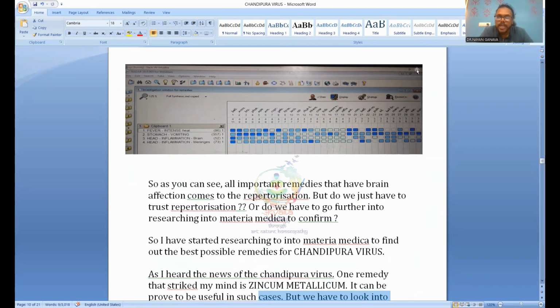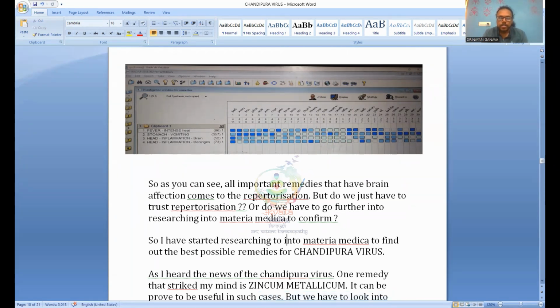But we have to read the materia medica now and confirm which remedy can be promising in treating Chandipura vesiculovirus. As you can see, all the important remedies that have brain affection come up in the repertorization, like Belladonna, Aconite, Phosphorus, Apis, Arnica, Cuprum, Stramonium, China, Tuberculinum, Veratrum viride, and Influenzinum.